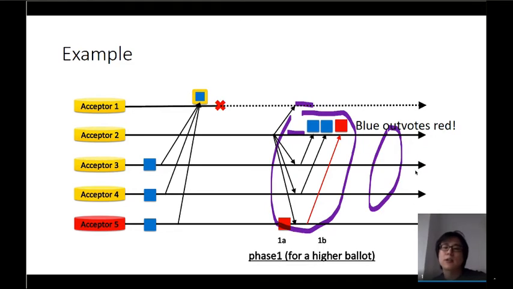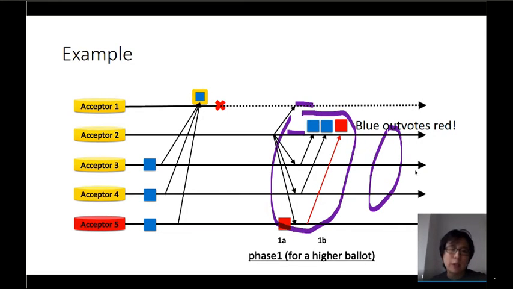I actually don't know which is the correct answer, but my understanding here is that liveness can only be guaranteed eventually, because it's a partially asynchronous network.